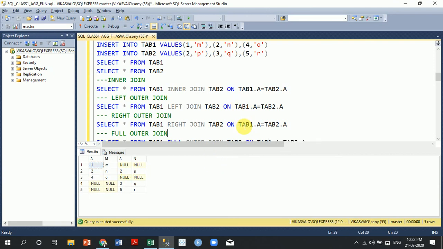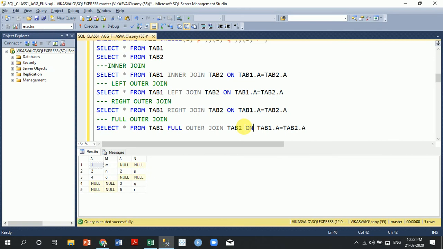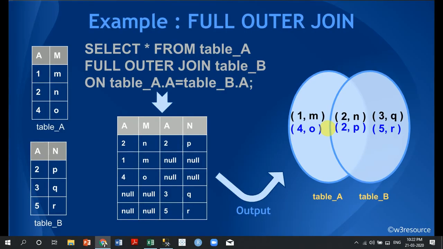I hope this is clear to you all. So we are done with full outer join. If it is not clear, then you can write to me in the comments for more explanation of any of the topics we have covered so far, and I can give you the desired explanation.